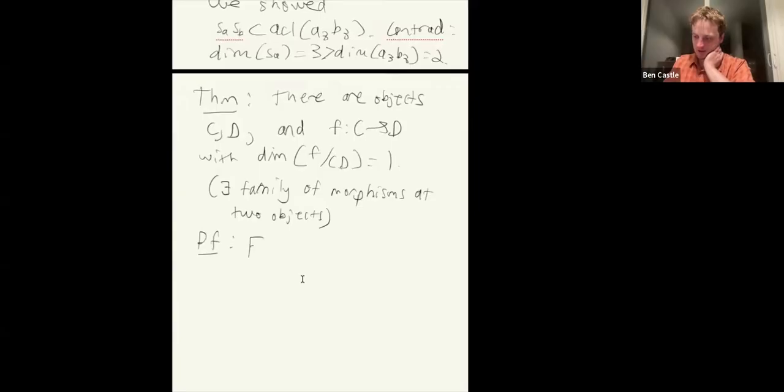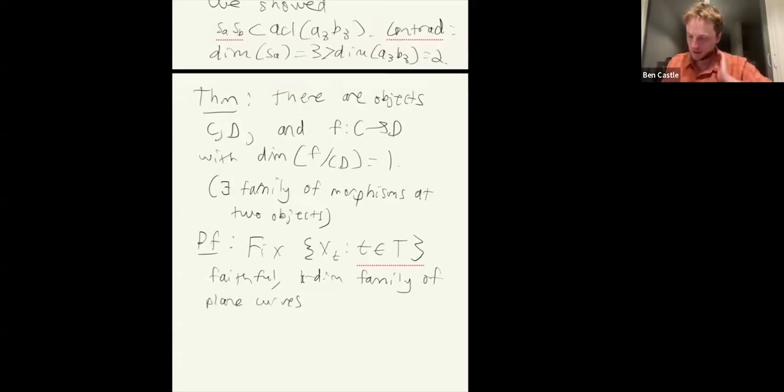So we fix xt, t and t, I'll use that notation, a faithful, let's say, one-dimensional family of curves. But what I really mean, really deep down, is we just fix a non-trivial configuration.